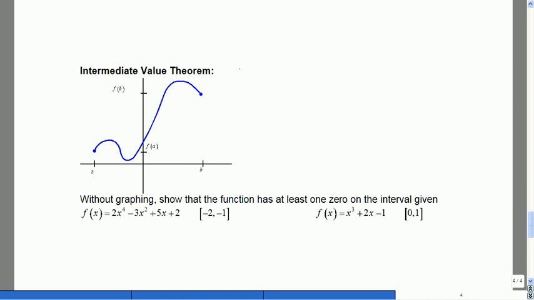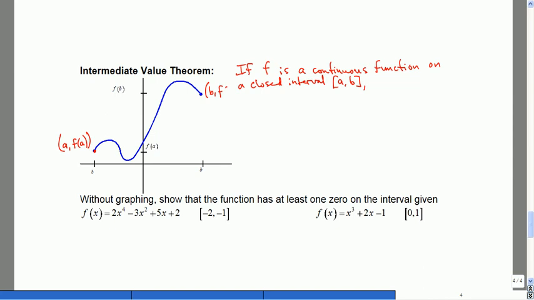But basically what it says is that if you have a continuous function on a closed interval, then what we can say is that we know we have the points here for A and f of A, and this is the point B, f of B.